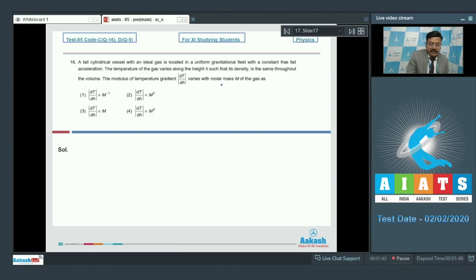In fact, we know that dP by dh can be taken as minus rho g, where of course h is taken positive in the upward direction, and the acceleration due to gravity is in the downward direction. So this is the expression, right? And we have to bring in dT by dh, etc.